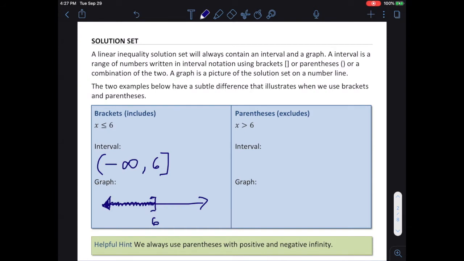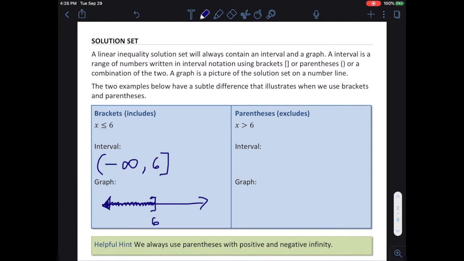All right, let's go to the right. On the right, this one, you'll notice that it says x is greater than 6. Okay, so there's no equal part to it. So it's just the greater than symbol. So in this case, whenever we have the greater than symbol and the x on the left-hand side, that can kind of confuse some people.